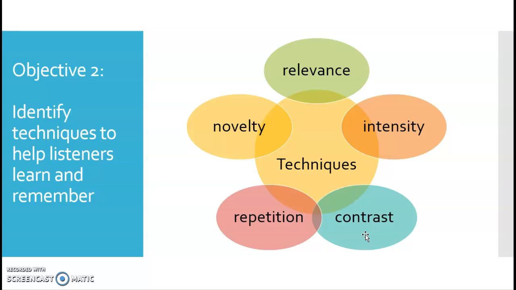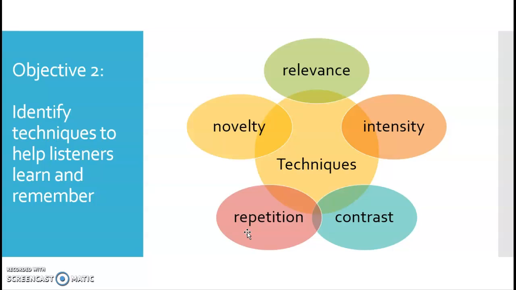And then under contrast, we also have repetition. As we talked last week, when you begin your speech, you share your purpose statement and you preview your main points. As you move through the body of the speech, you are transitioning, cueing the audience from point to point to point. And then in the conclusion, you repeat your purpose and you review your main points.